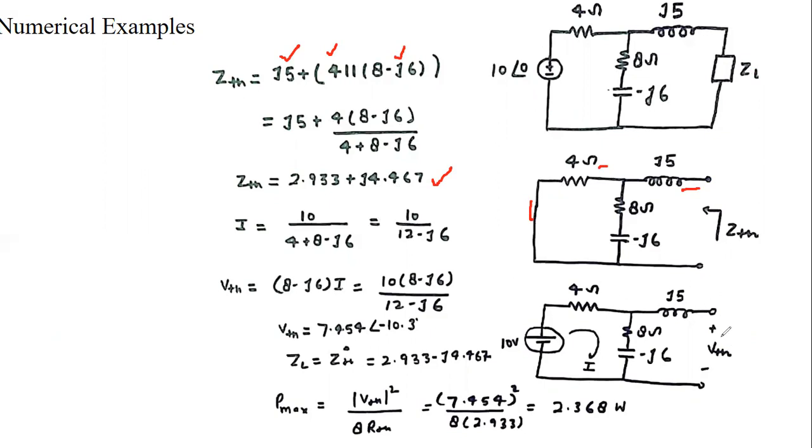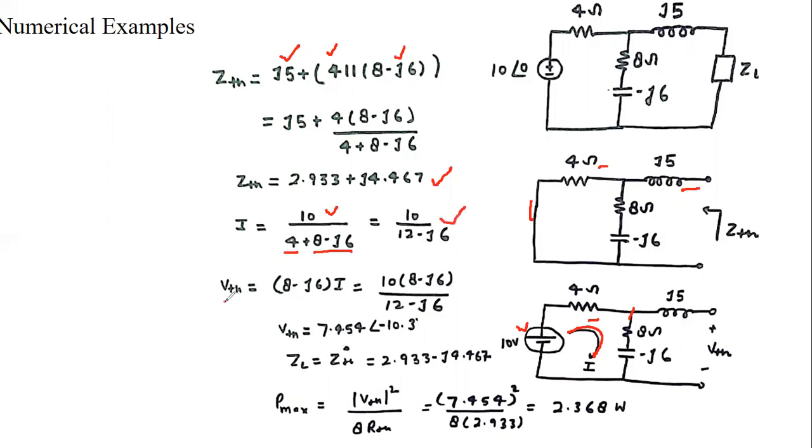Okay. Now for VTH, first we find the current in this loop. Starting from this point, with 8 minus j6, the current I is the voltage value 10 divided by the total impedance, which is 4 plus 8 minus j6. So this is the current in the circuit.